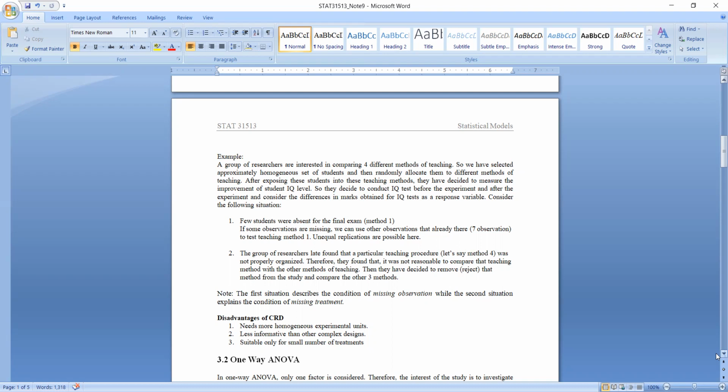So what they have done is they have taken a set of students, and at the beginning of this research, they have given an exam for these students to measure their IQ level, and they have scores of all the students, and they have assigned the students to these 4 different teaching methods, and at the end of the teaching method, again they have assessed their IQ level, and then we can take the difference between the 2 IQ levels as the response variable.